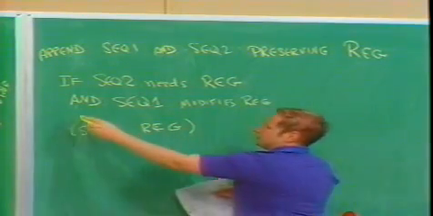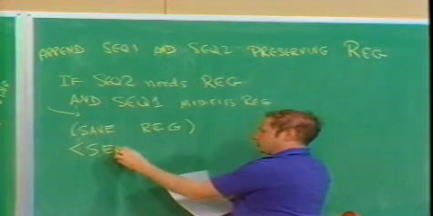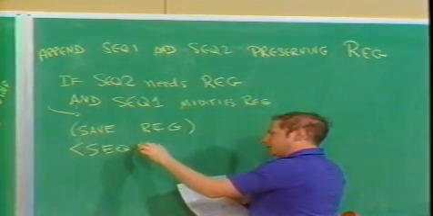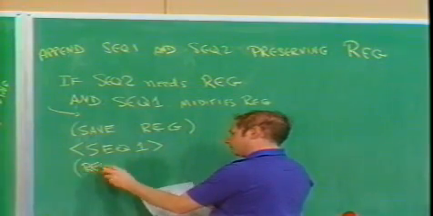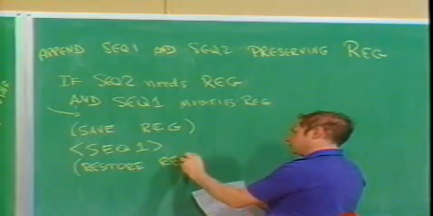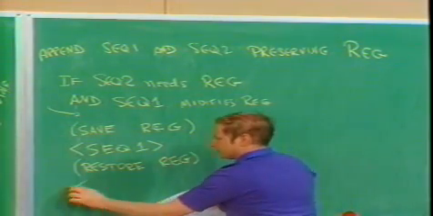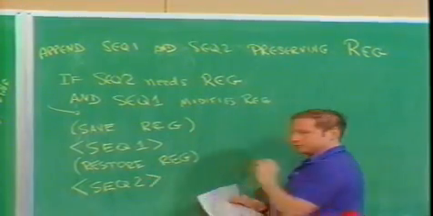Right, here's the code. You generate this code, save the register, and then you put out the recursively compiled stuff for sequence 1, and then you restore the register. And then you put out the recursively compiled stuff for sequence 2.